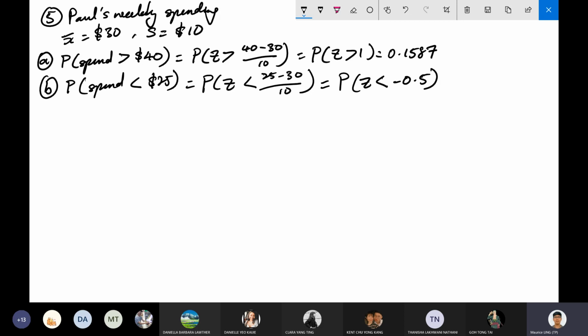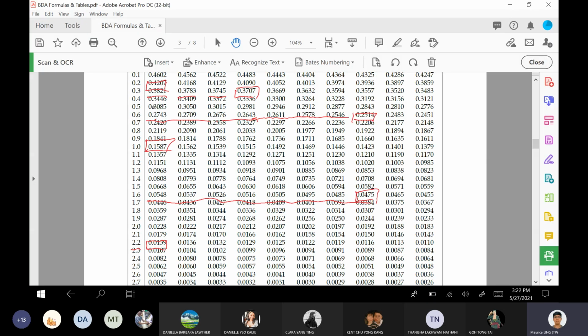Since you can't find minus 0.5, convert it to the opposite side. That gives you 0.3085. Okay. 0.5 is here.